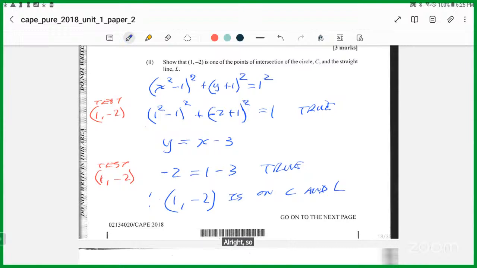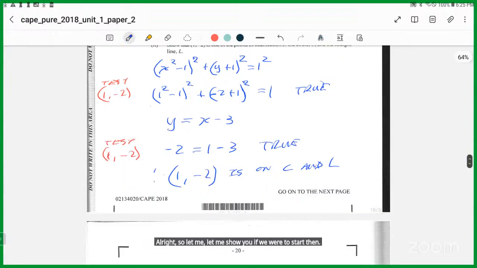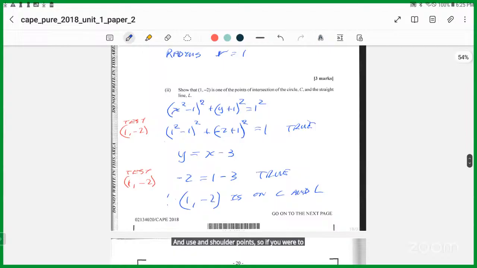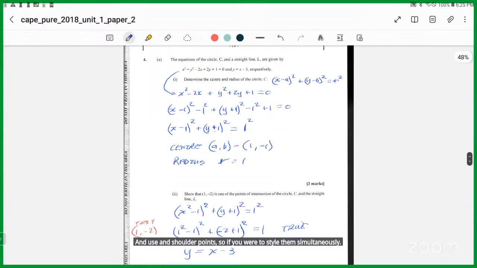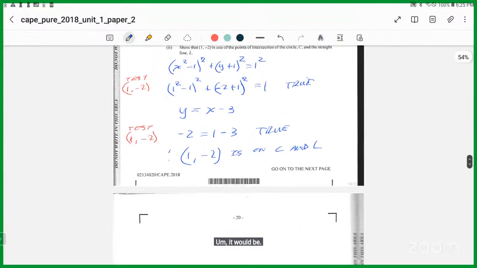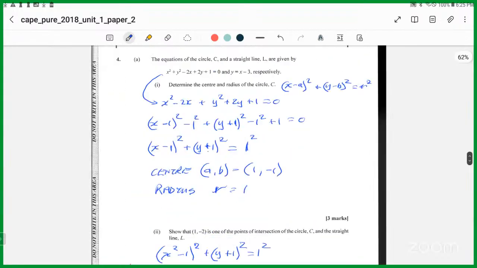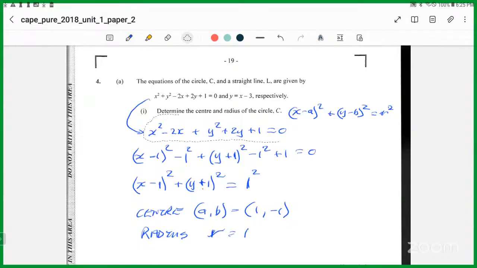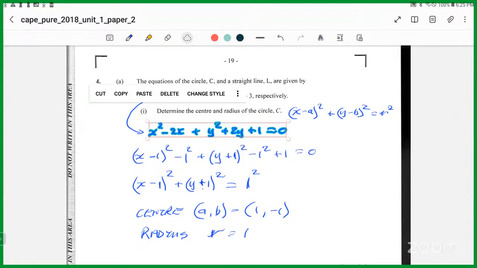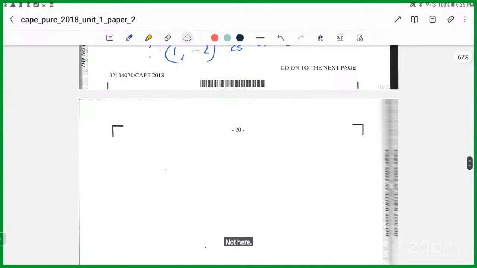Alright, so let me show you if we were to solve them and show the point. If we were to solve them simultaneously, it would be the circle. Let me copy down the circle. This is a circle. Copy this down here. And the line is y equals x minus 3.